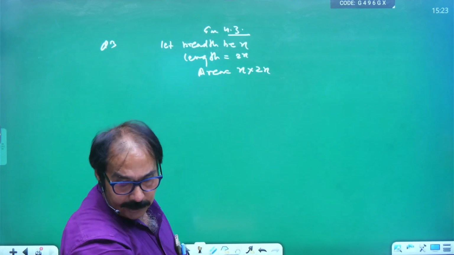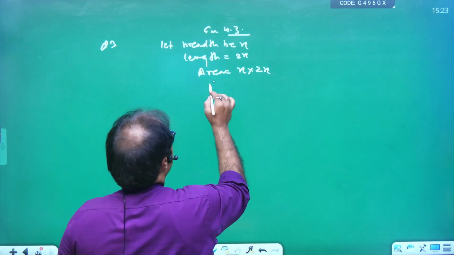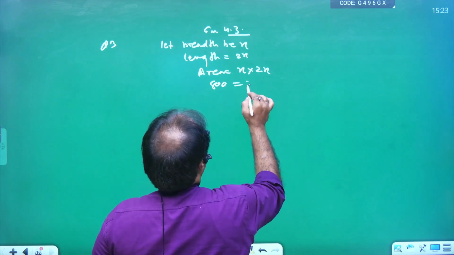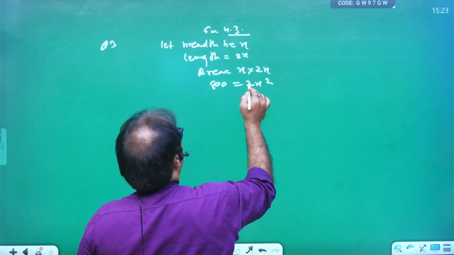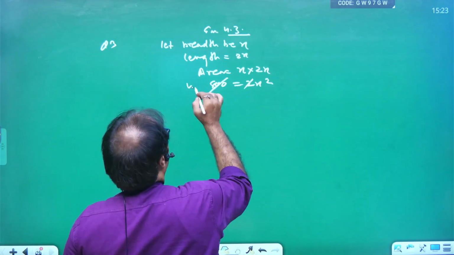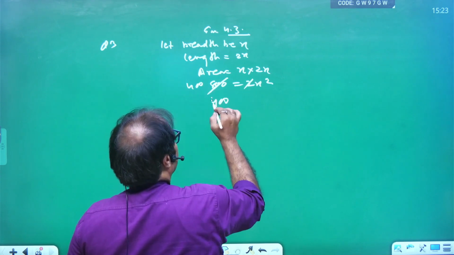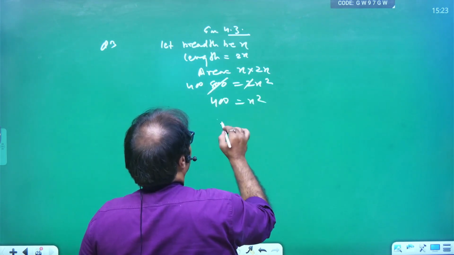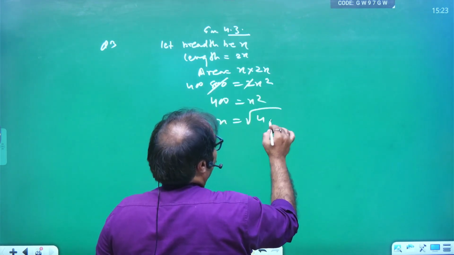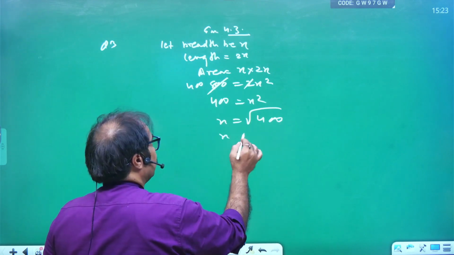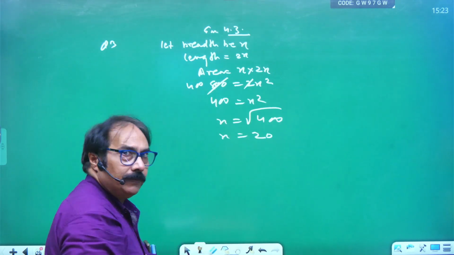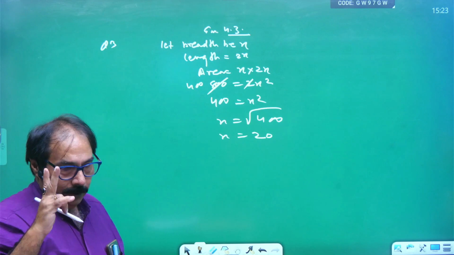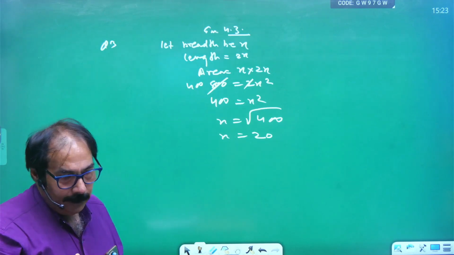Area is 800 meter square. So 800 is equal to 2x square. So the 2 will cancel out, so 400 is equal to x square. So x is equal to square root of 400, that will be equal to plus minus 20. Negative cannot be possible.